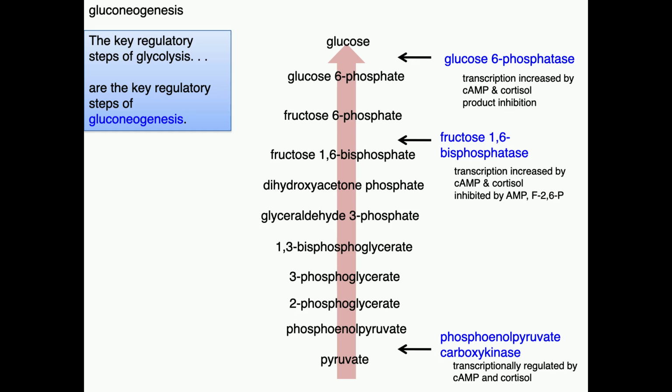This has a coordinate allosteric regulation with PFK1. So PFK1, remember, is activated by fructose 2,6-bisphosphate. That same little second messenger modulator acts to inhibit the phosphatase, so it's turning on glycolysis and turning off gluconeogenesis.